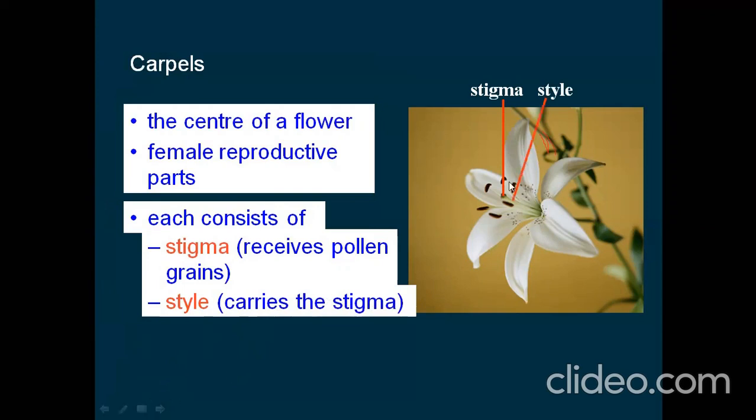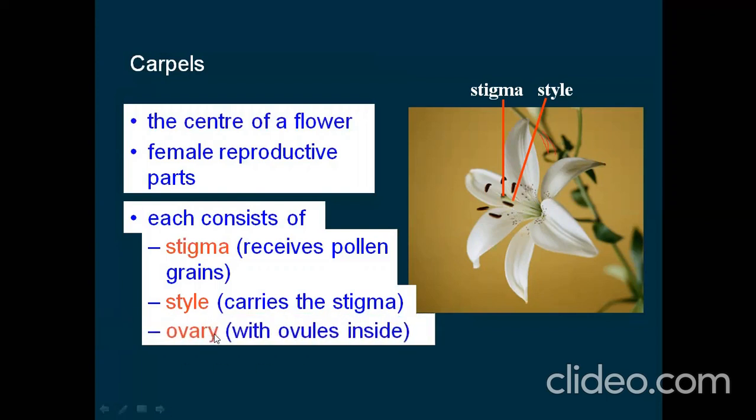And remember, through this style the pollen tube also travels toward the ovule, and through the pollen tube the male nuclei of the pollen grain travel to the ovule, because inside the ovule there is an ova.